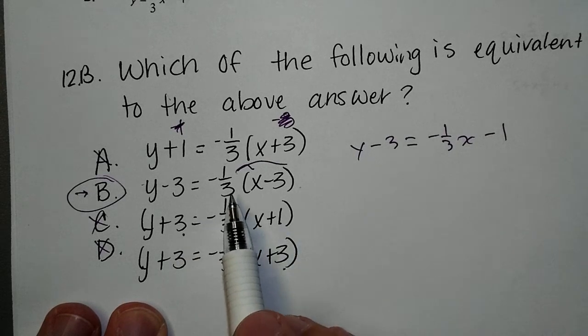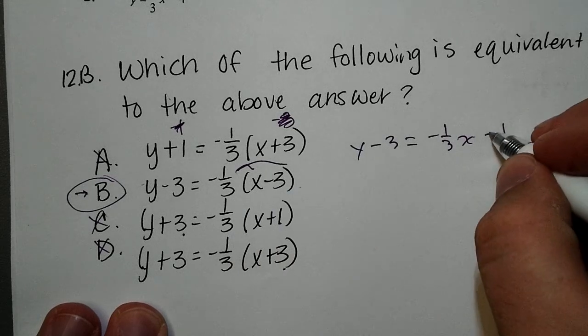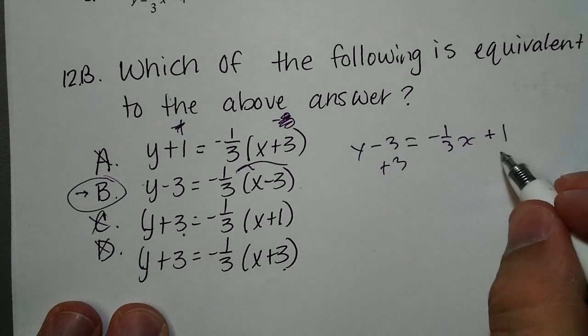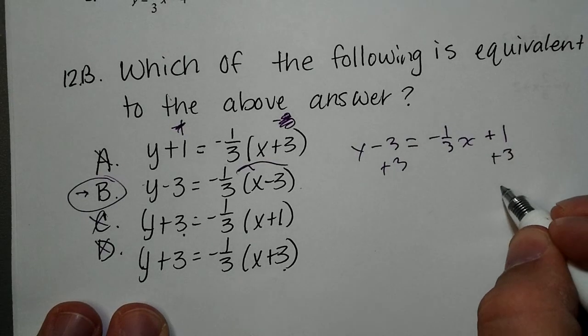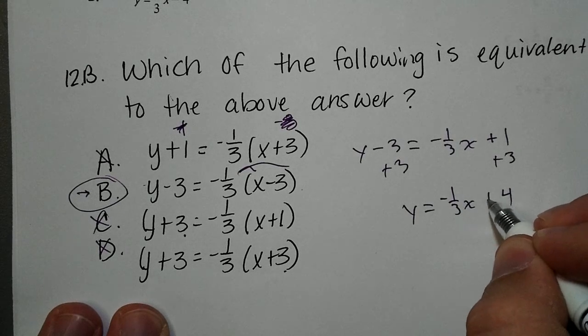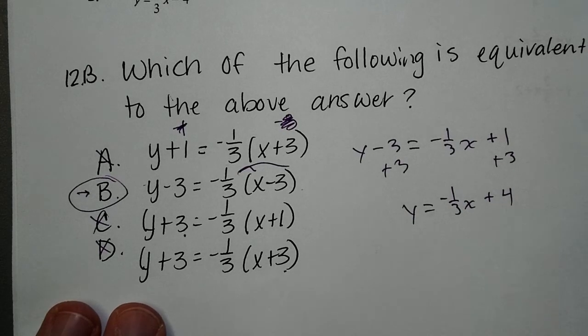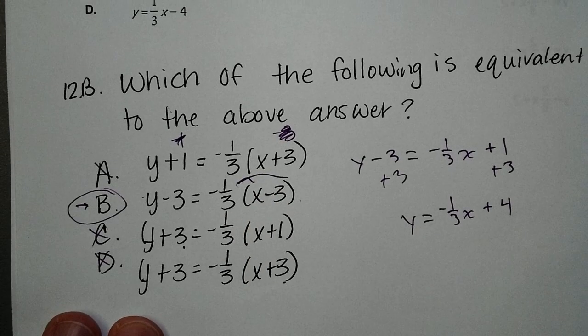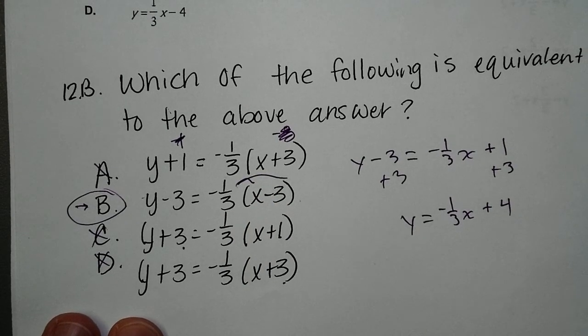A negative times a negative is a positive. There we go. Fix that. Add 3 to both sides to cancel out that. 1 plus 3 is 4, so you get y equals negative 1/3 x plus 4. So be able to get it in point slope form, get it in slope intercept, and all the other things.